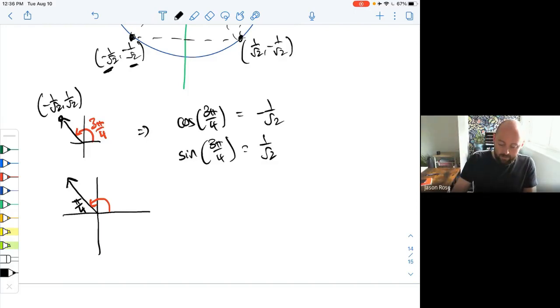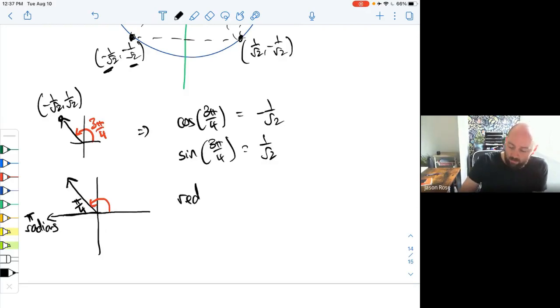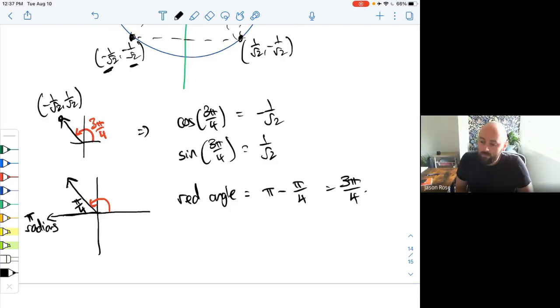Now, if the whole way around is 180 degrees, this would be pi radians. Then the red angle... does that make sense?